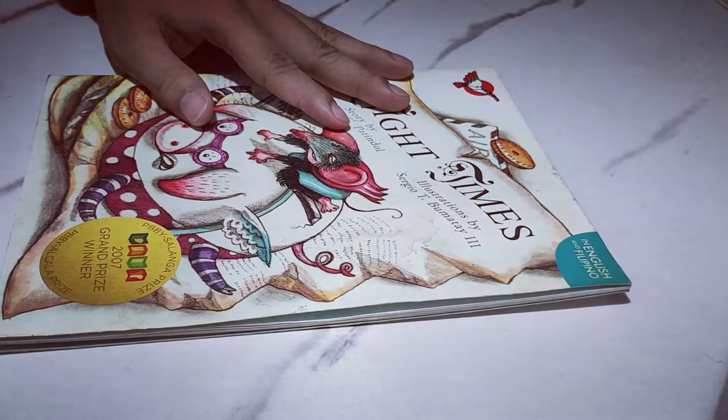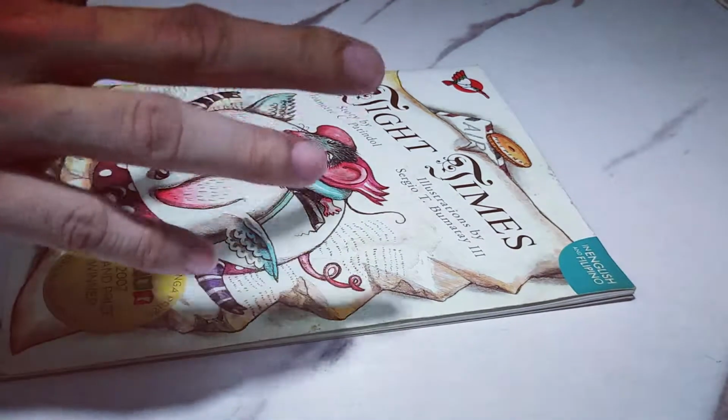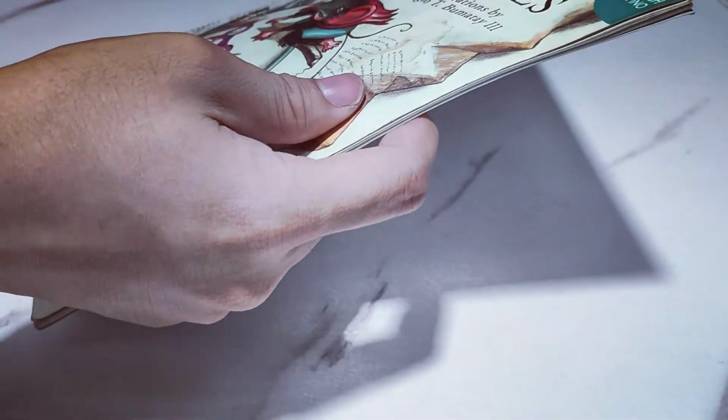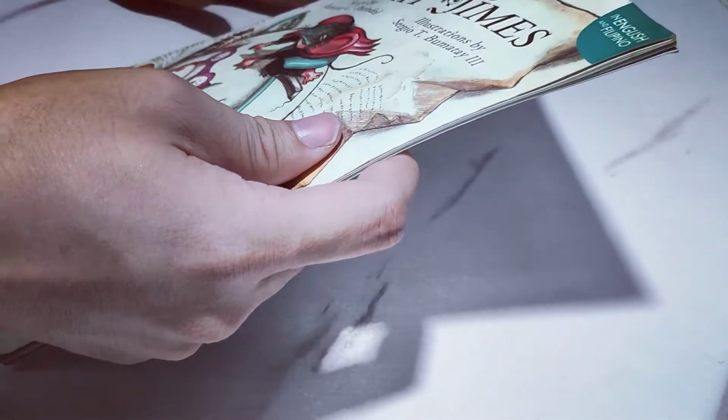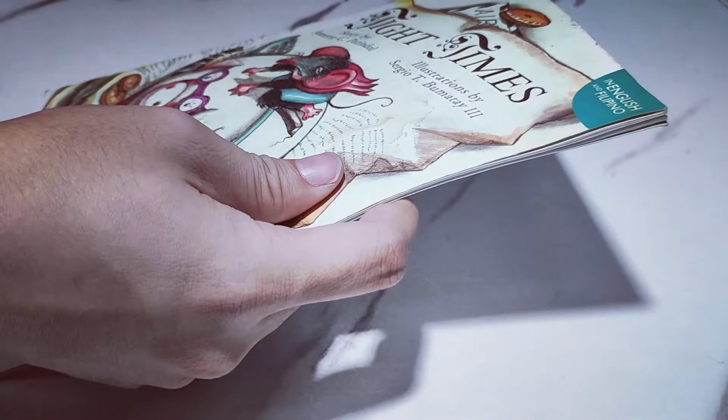Okay, now how about scanning? For scanning, what I want you to do first is have your questions first. For example, we're about to read the selection or this story, and then we have guide questions or comprehension questions. If they are available, you can read them first.